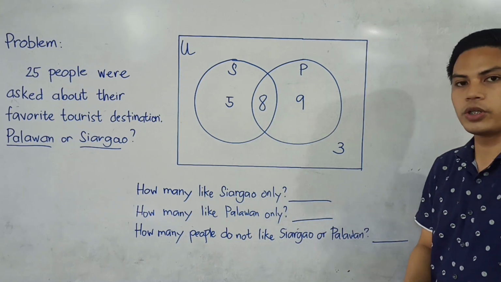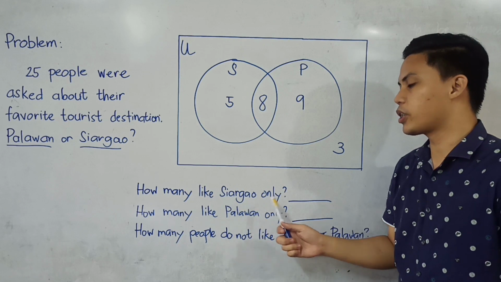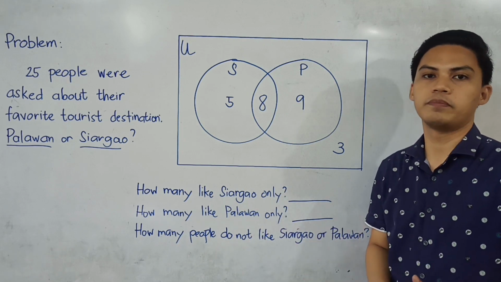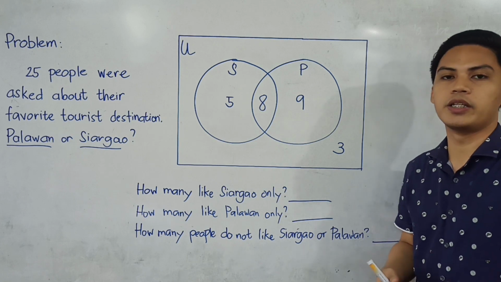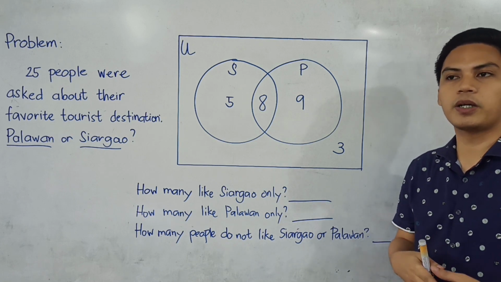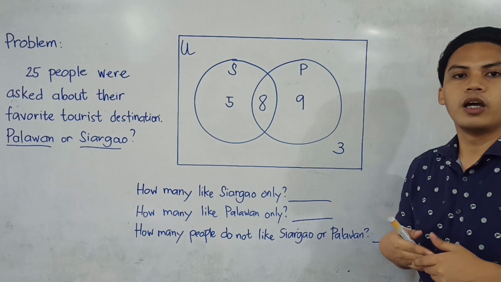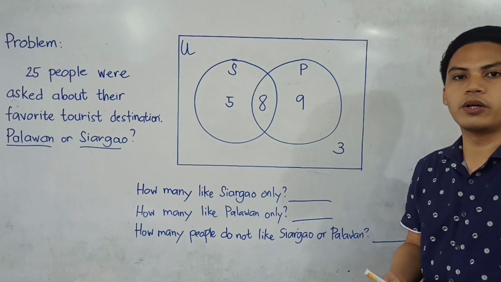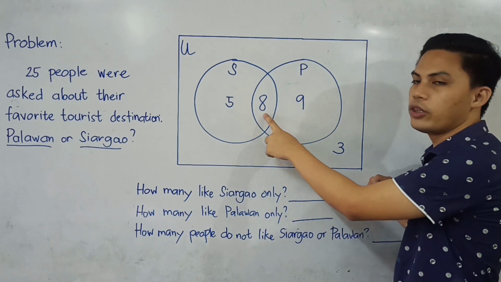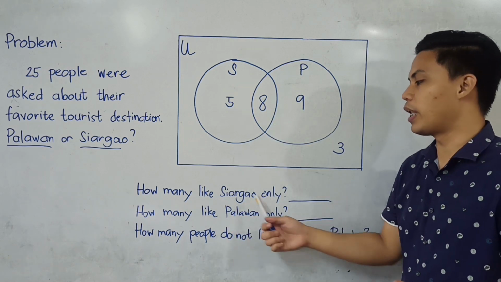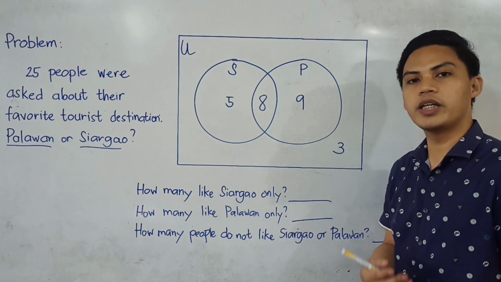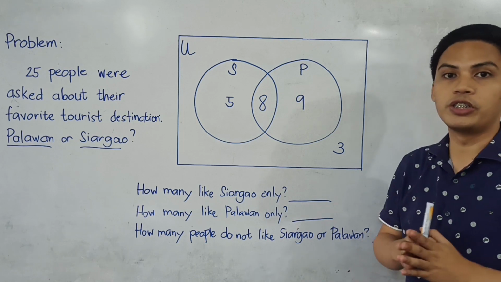Okay. First question. How many like Siargao only? Okay. So based sa ating Venn diagram, ano kaya yung sagot natin? Nalaman natin kanina na pag sinabi natin only or may keyword tayo na only, hindi natin isasali yung intersection nilang dalawa. So sa tanong na how many like Siargao only, yung titignan natin is yung pangatlong region.